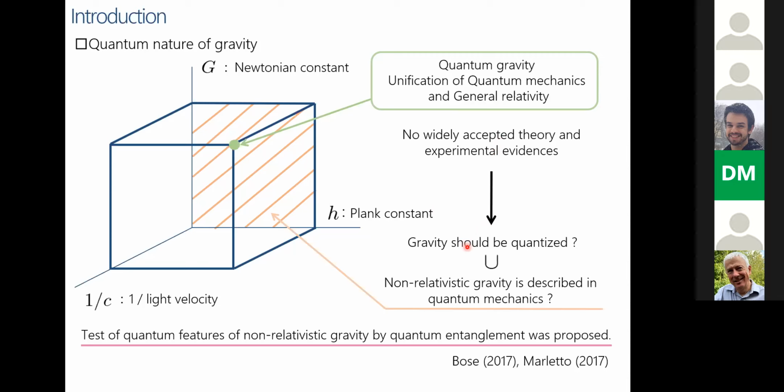This question also includes whether non-relativistic gravity is described in quantum mechanics or not. This has not been verified yet. In this context, a test of quantum features of non-relativistic gravity by using quantum entanglement was proposed.